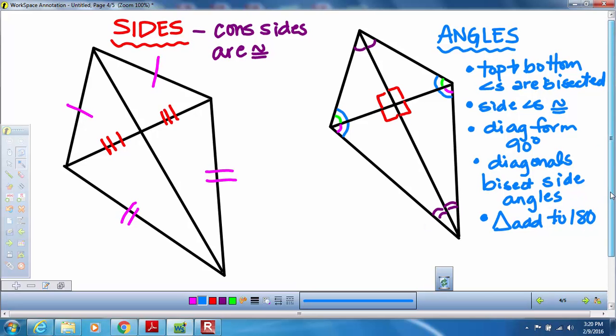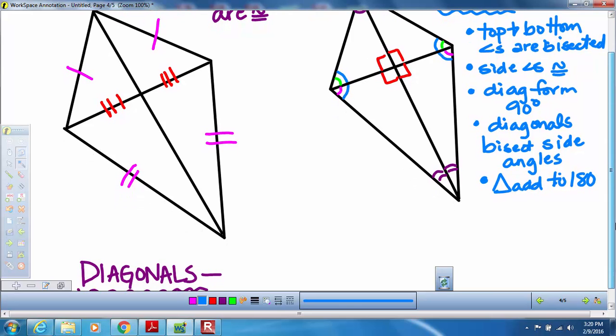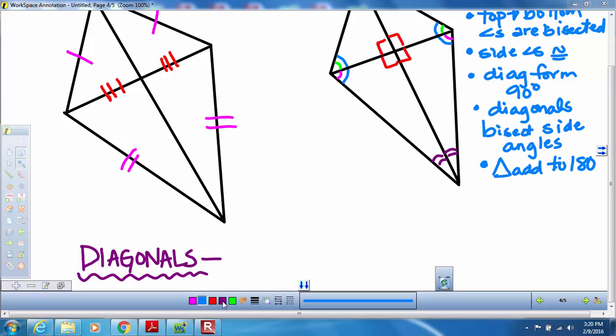And then if you had to use it solving for diagonals, we would know that our side to side diagonal is bisected.